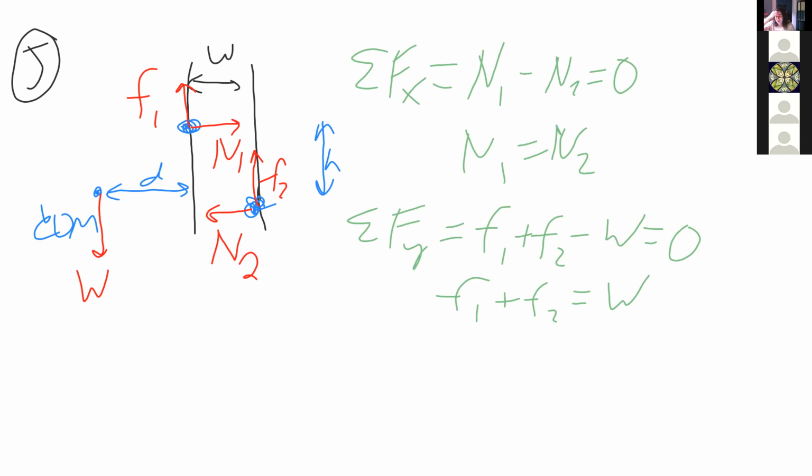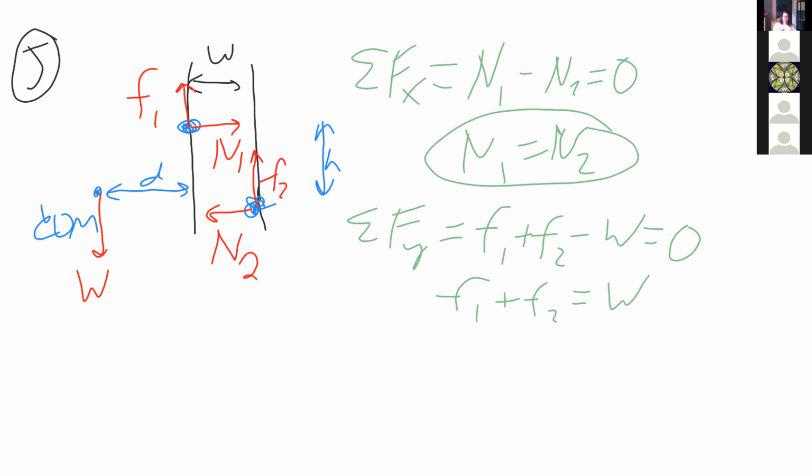Cool. All right. So we have these two relationships. Now we're not really any closer to solving the problem. Ultimately, because the problem asks us to find the horizontal pull by the hands and push by the feet, those are just the same as these two normal forces.